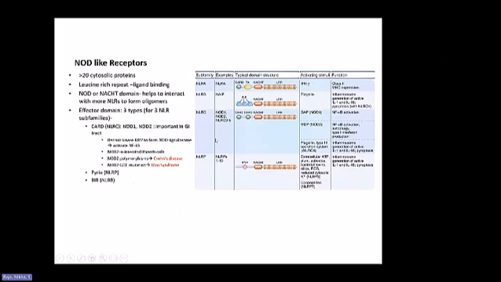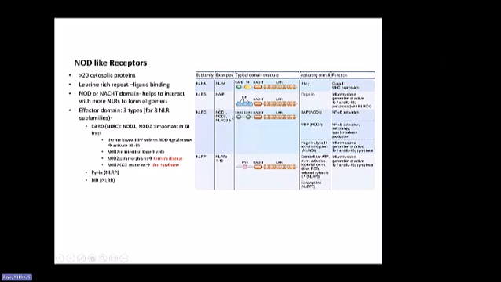Let's talk more about these. So NOD-like receptors, we know more than 20 different types. Here is the structure. So the leucine-rich repeat is the same in all of them. The NOD domain or NACHT domain is the same, but when you look at the rest of the structure, it may differ in various groups. There is NLRA that has CARD as well, and another structure called TA.